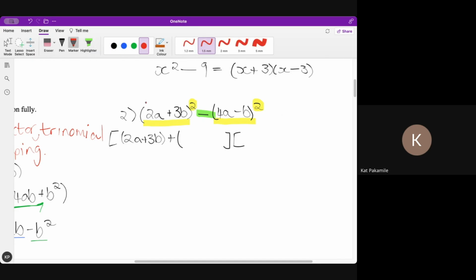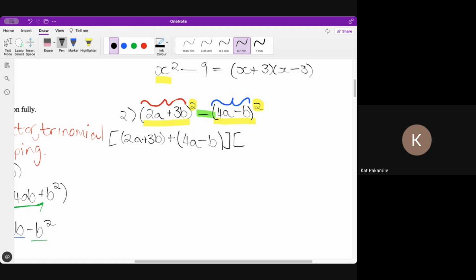Remember, this whole thing is base number 1. Now, the second part has to do with this one. Come, guys, look carefully. We did the square root of x squared, which was x. Yes, Alice, it's this whole bracket. So it is 4a minus b.